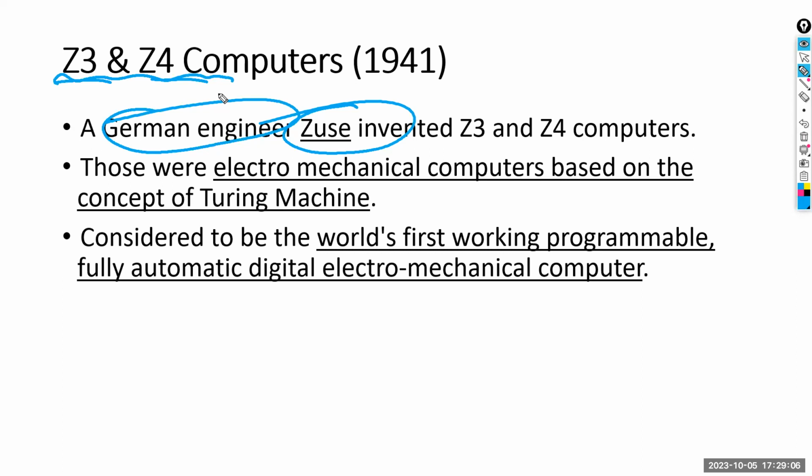So remember, the first electromechanical computer was Herman Hollerith's tabulating machine. Now we have the Zuse computers, also electromechanical, but things are getting more programmable and general purpose, because now they are using the von Neumann architecture, Harvard architecture, and so on.